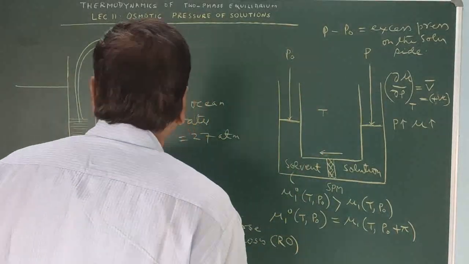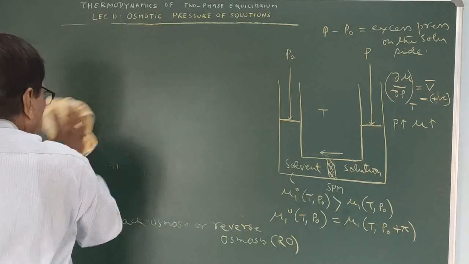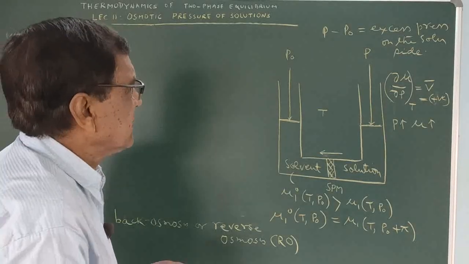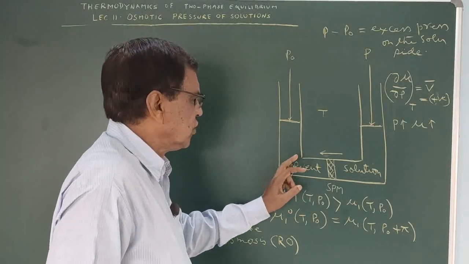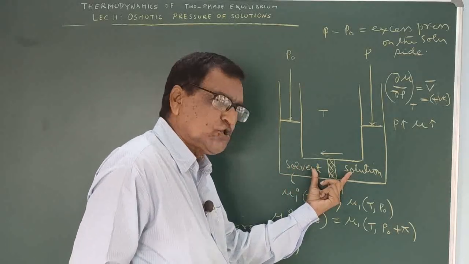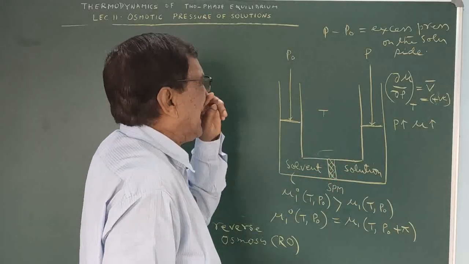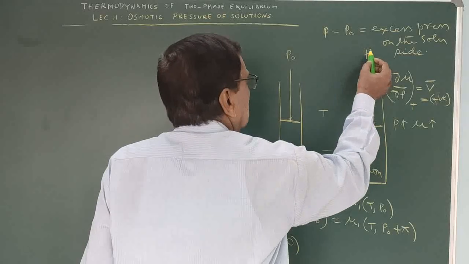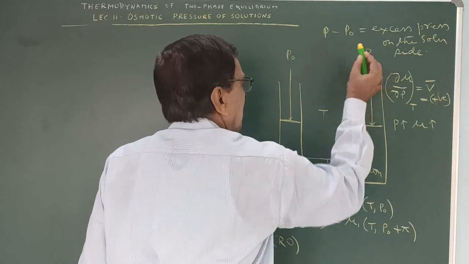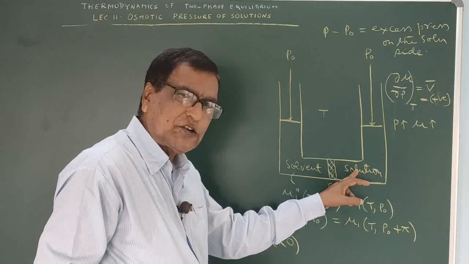Now actually it is not necessary to keep the pure solvent here. The two solutions may also be placed on the two sides, here the lower concentration solution, here the higher concentration solution.